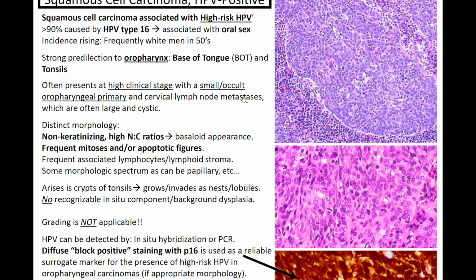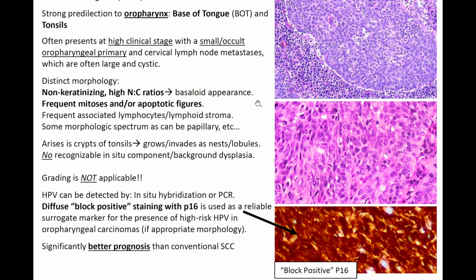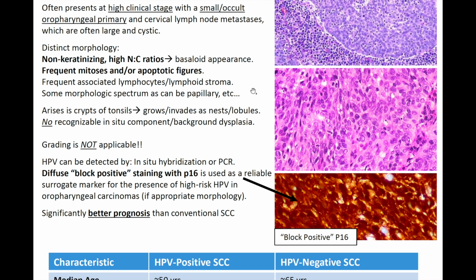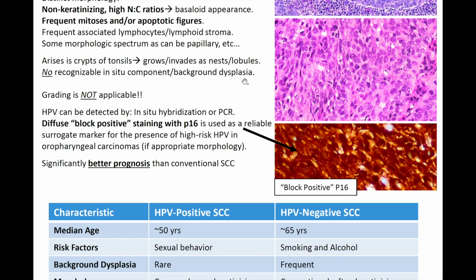Frequent mitoses and/or apoptotic figures can be seen, and there are frequent associated lymphocytes and lymphoid stroma, and some morphological spectrum as it can be papillary and other formations. This arises in the crypts of the tonsils, and it grows and invades as nests or lobules. There is no recognizable in situ component or background dysplasia, and grading is not applicable.